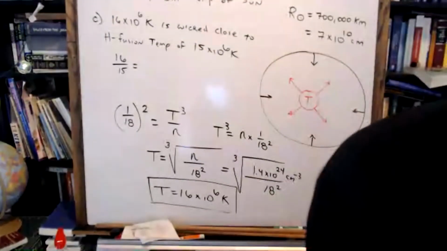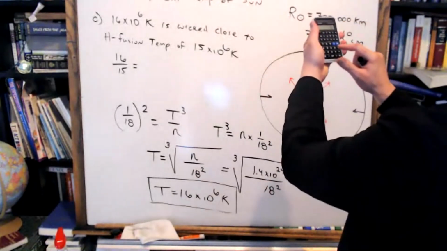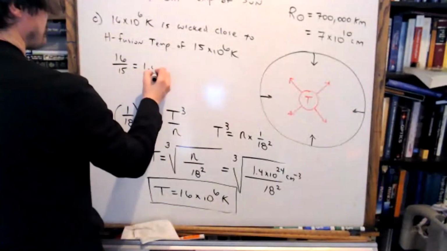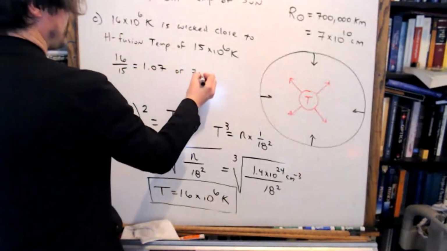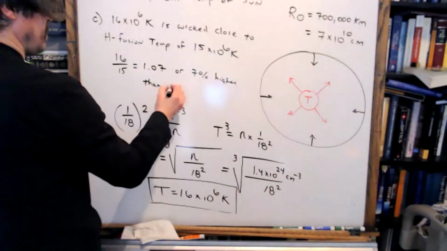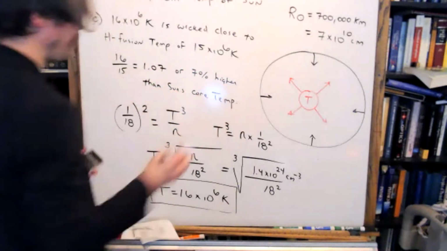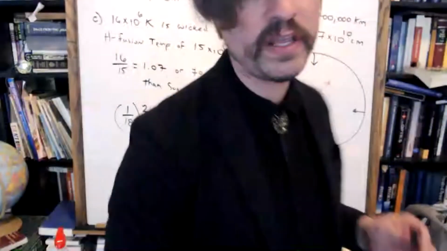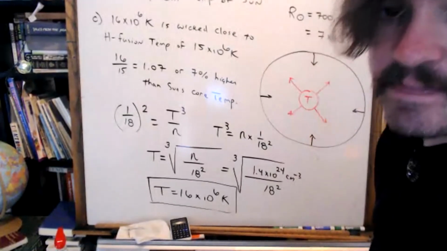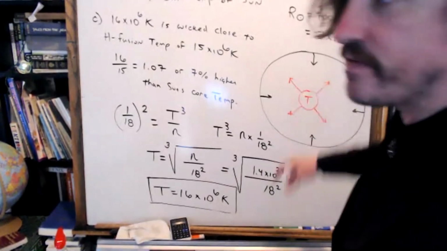What is 16/15ths as a fraction anyways? 16/15ths is 1.07, or 7% higher than the sun's core temp. So in other words, if you need to be around 15 million Kelvin to fuse, you can prove that the sun is capable of self-sustaining hydrogen fusion just by assuming gravity is balancing it.